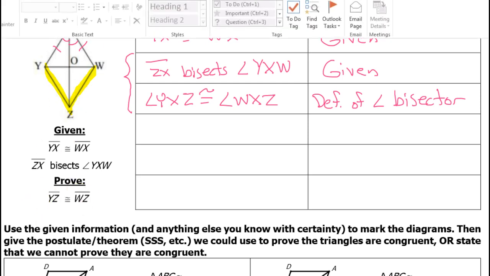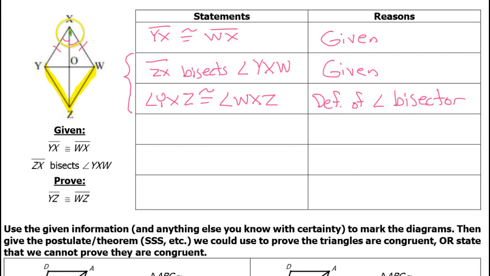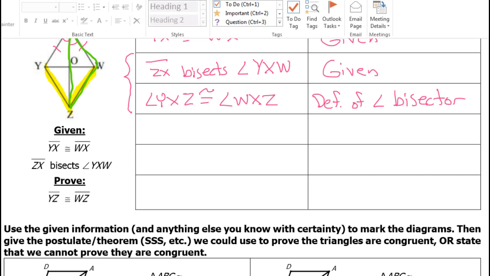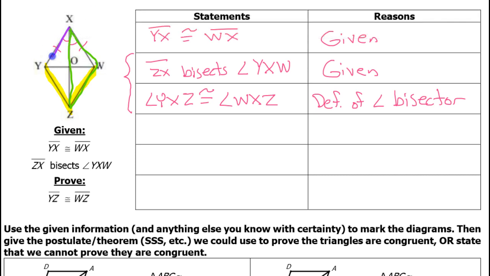So we must be trying to prove that the bigger triangles are congruent, like for example this triangle and this triangle, the purple triangle and the green triangle, because these would be corresponding parts then. So keep that in mind.